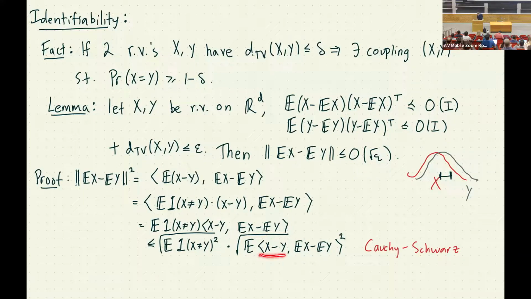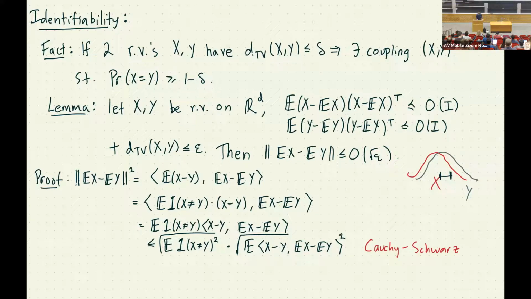Here I've got something, I haven't quite massaged it yet, but it sure looks like a variance associated to X minus Y. I'm going to have to massage it a little bit to get it in terms of the variance of X and the variance of Y. So both the things that I needed to show up, it's like Chekhov's gun, like we saw these assumptions, total variation and variance, and we've got our assumptions showing up now.